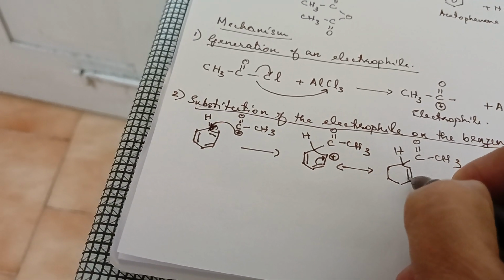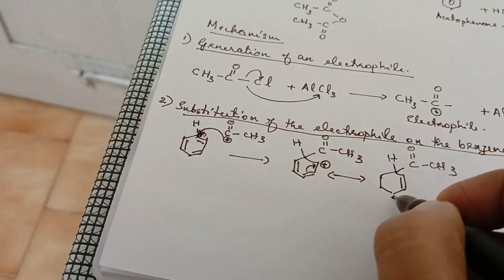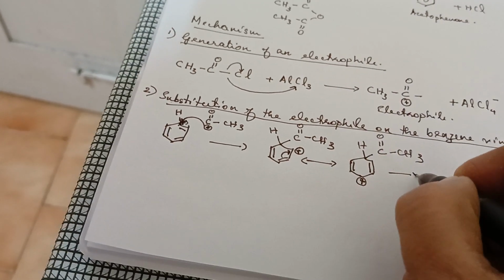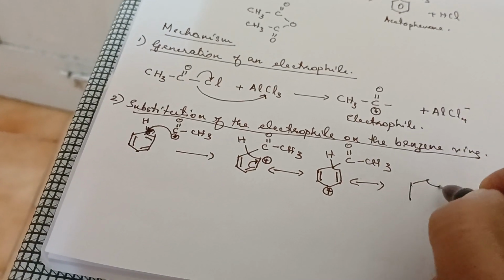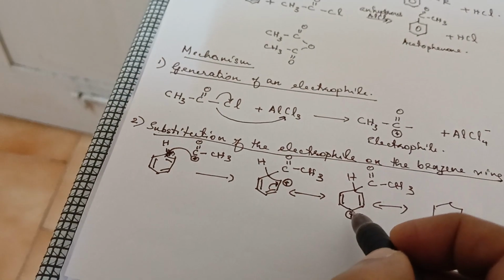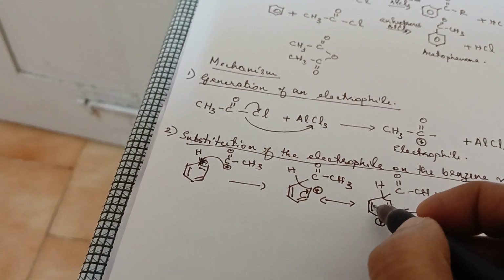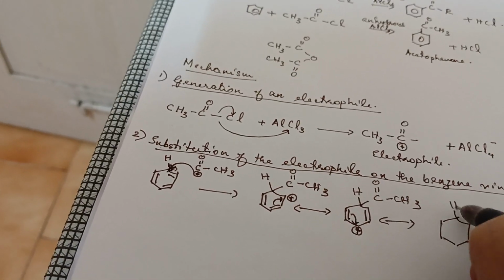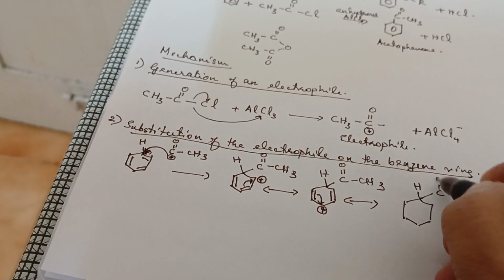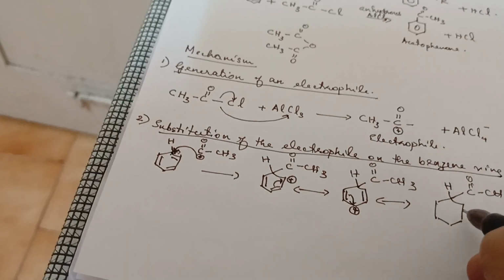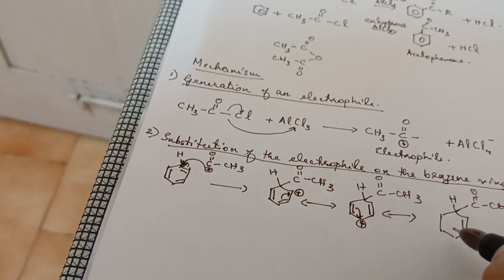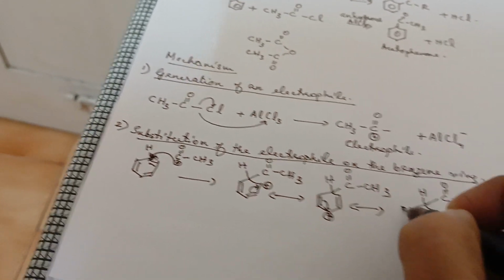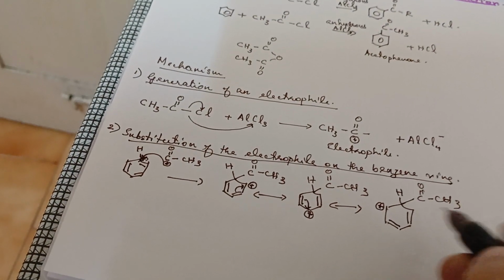The bond is formed there, but this carbon is now electron deficient. What will happen? This carbon will start pulling these electrons towards itself, and H is here, C double bond O CH3 is here, this bond is here, and here you have a double bond, but this carbon here is having a positive charge.